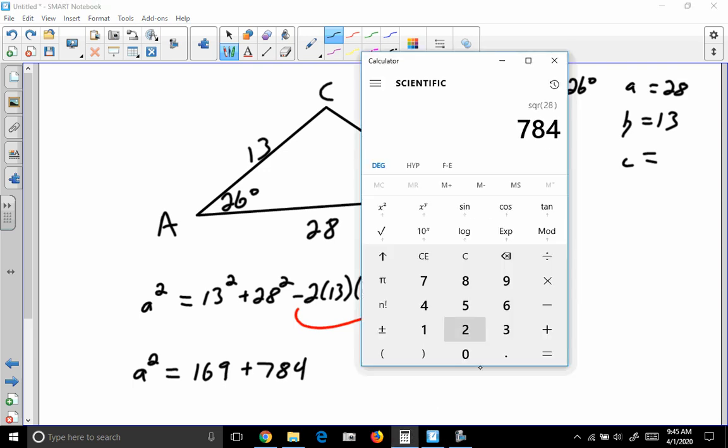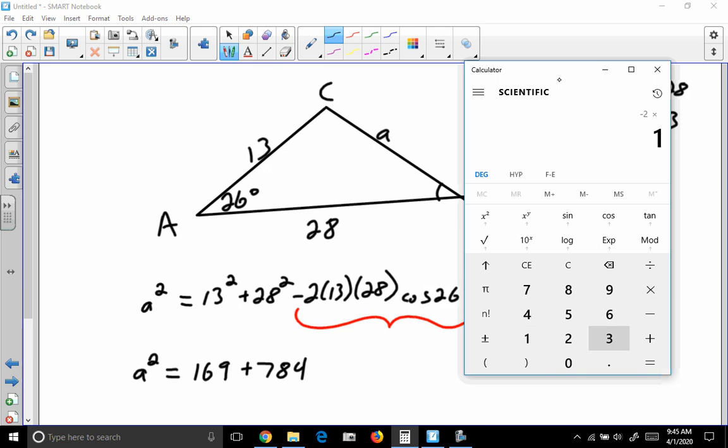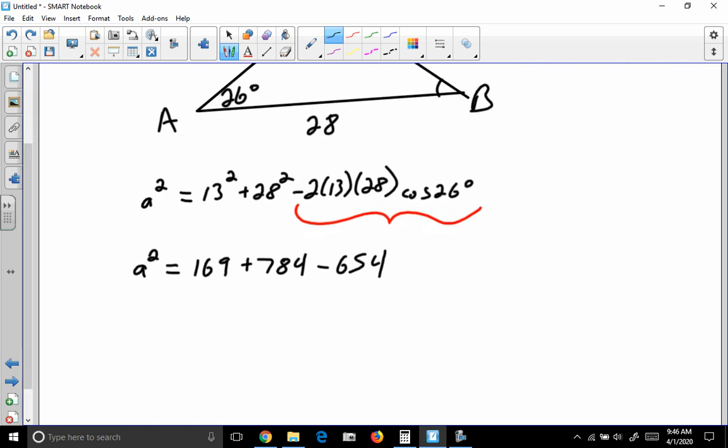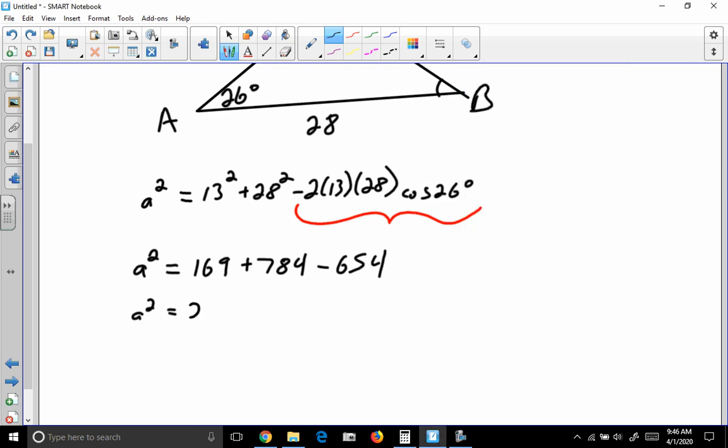And then if we do -2 times 13 times 28 times cosine of 26 degrees, we get minus 654. So A squared is 169 plus 784 minus 654, 299.